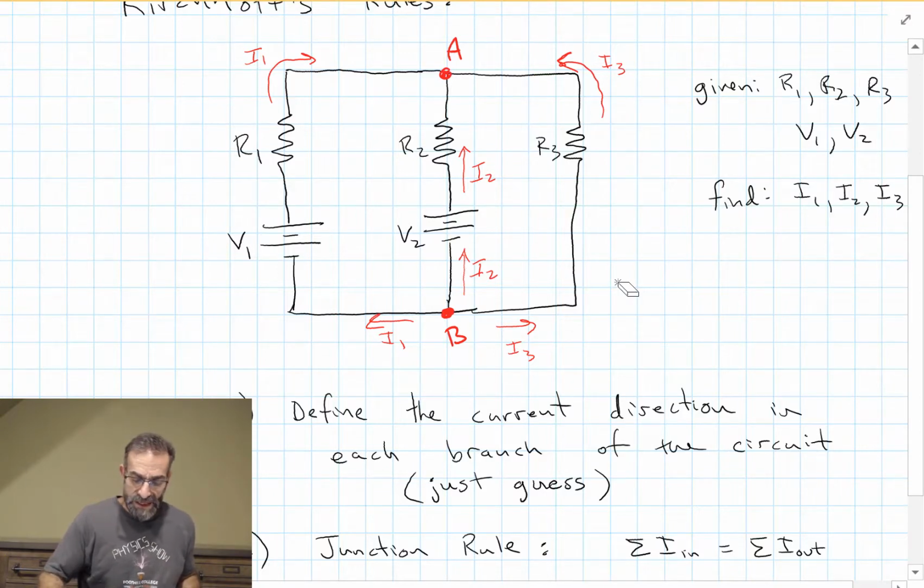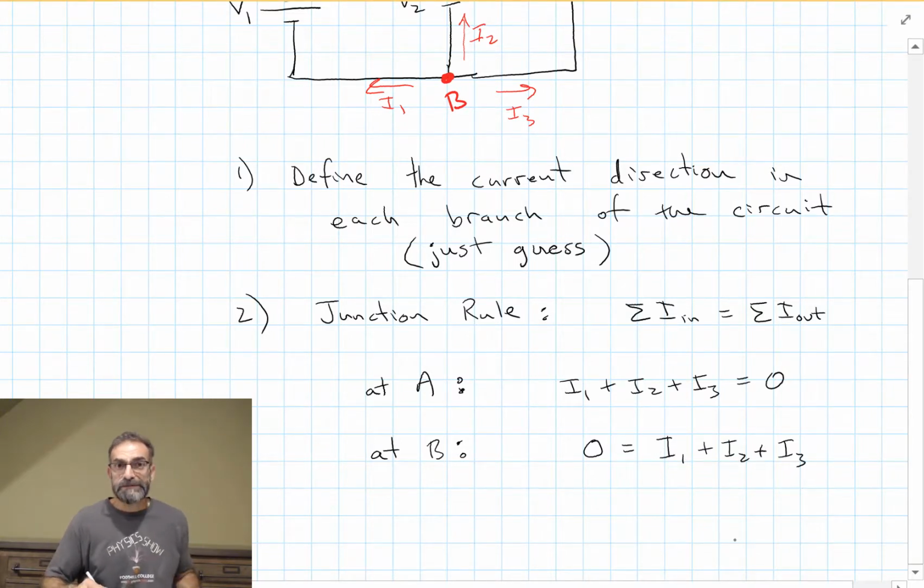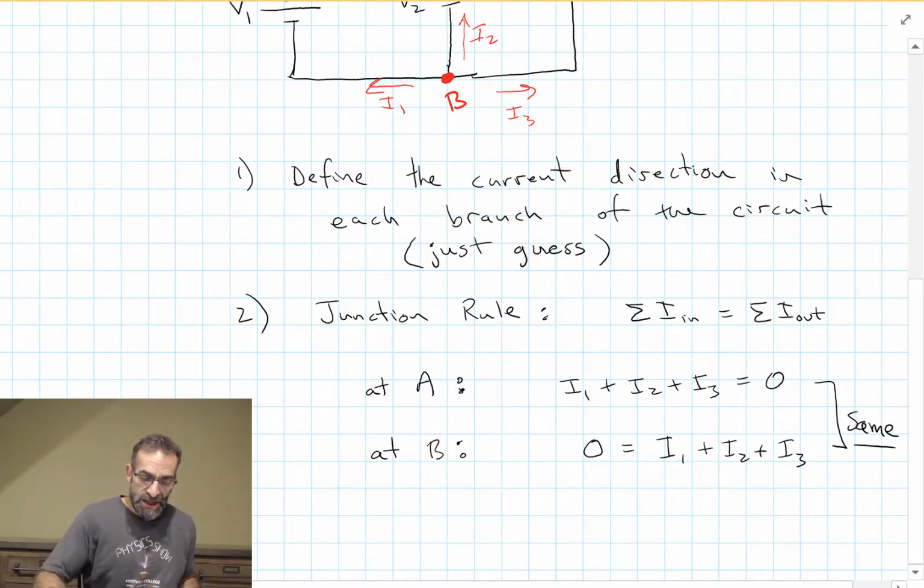So if we look at B, we have nothing flowing in, and we have all 3 flowing out. We get the exact same equation. So there's no new information here.